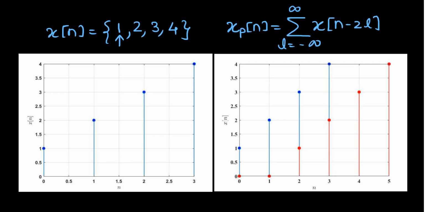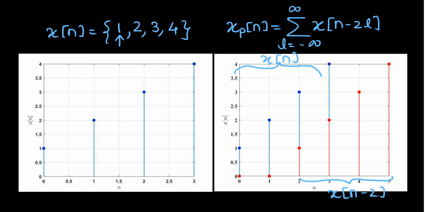And if we have this repetitive sequence, so this blue sequence that is marked with blue color is the x of n. And if we consider this red signal, it is x of n minus 2.